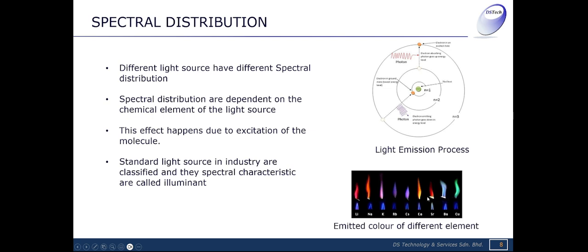If you already know the basics, you should already know that: this element corresponds to this color. It's very simple how this light is projected: it happens through what we call the excitation of an atom, for example. This doesn't just happen in atoms, it also happens in molecules.